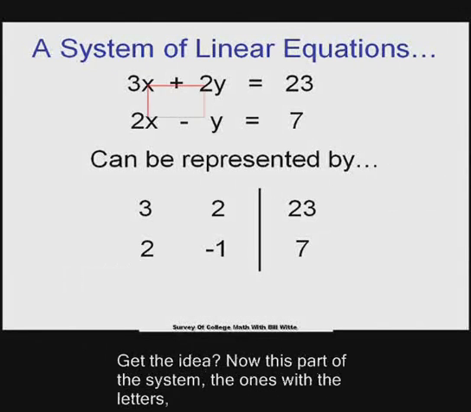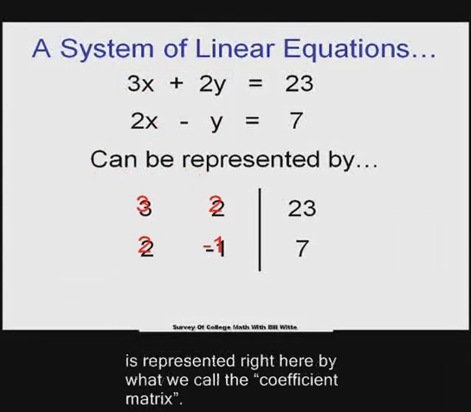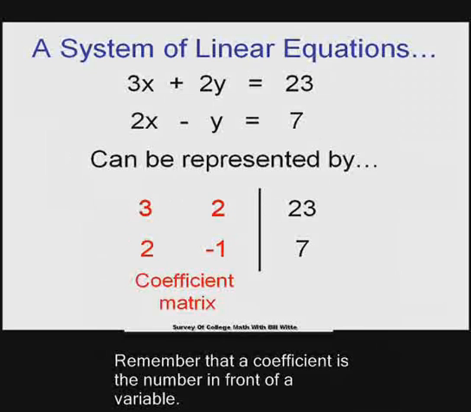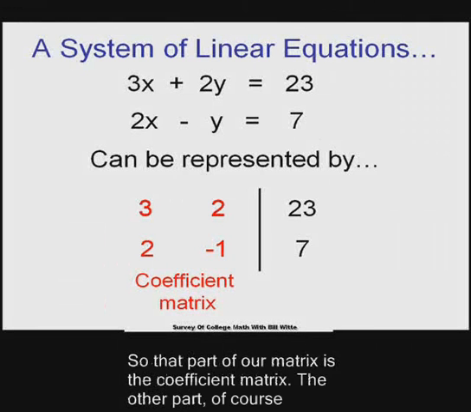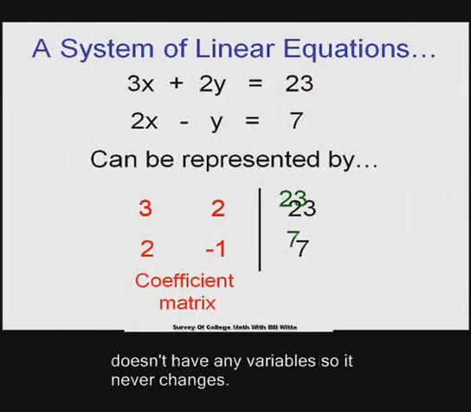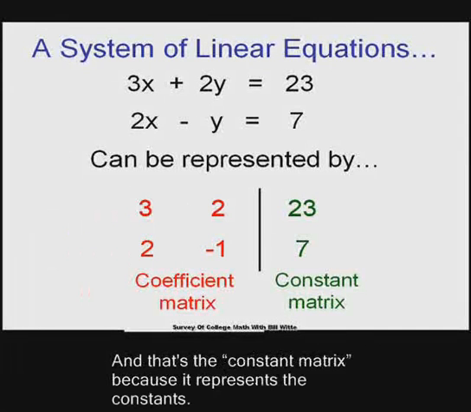Got the idea? Now this part of the system, the ones with the letters, is represented right here by what we call the coefficient matrix. Remember that a coefficient is the number in front of a variable. The other part doesn't have any variables, so it never changes, and that's the constant matrix, because it represents the constants.